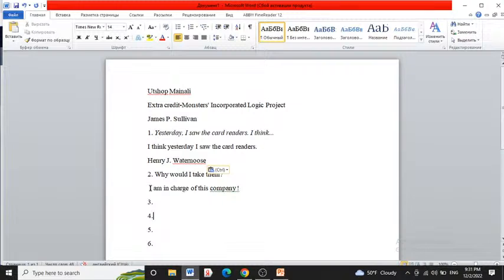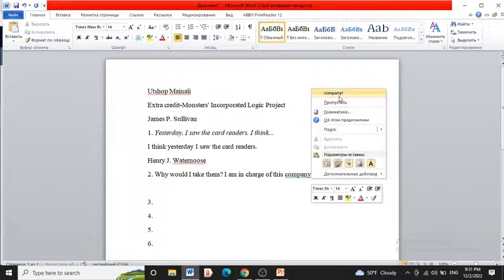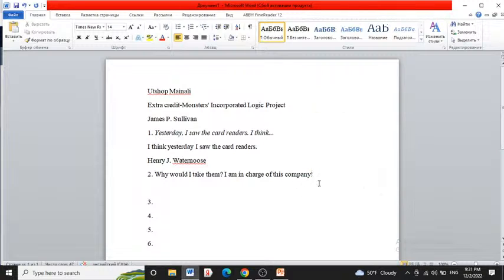There's a space after company in this case. It's supposed to be without a space, but I don't know who made the assignment, whatever. Why would I take them? I am in charge of this company.